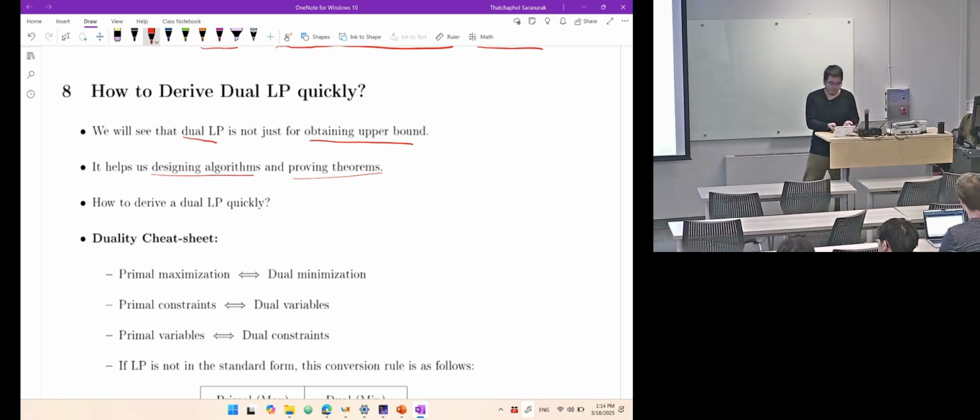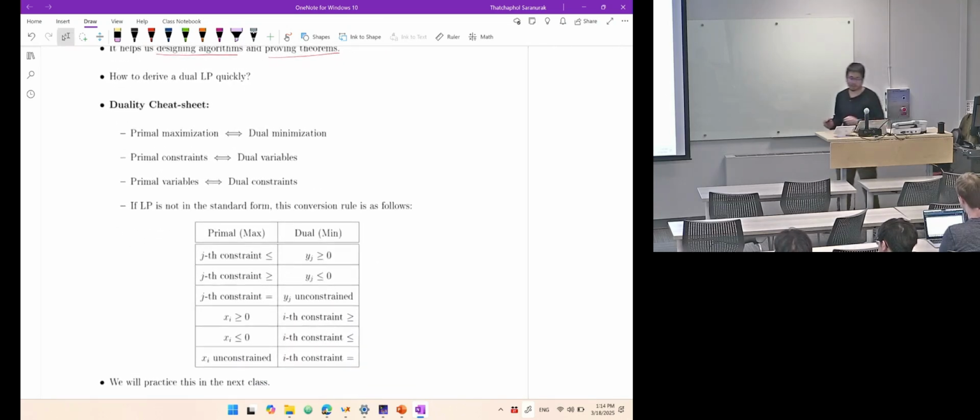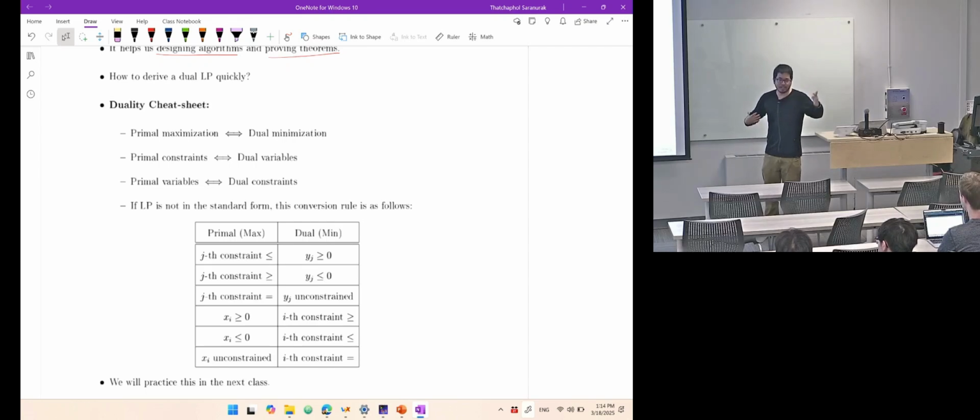How to derive the dual LP of that. We will see this next class, but you will do some of that in your homework. But this is a kind of cheat sheet, so you don't need to go through the whole process that we did today.